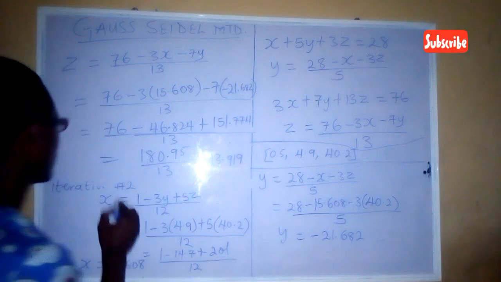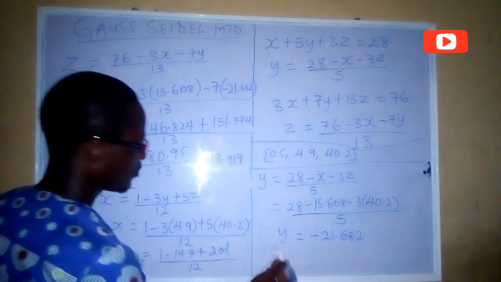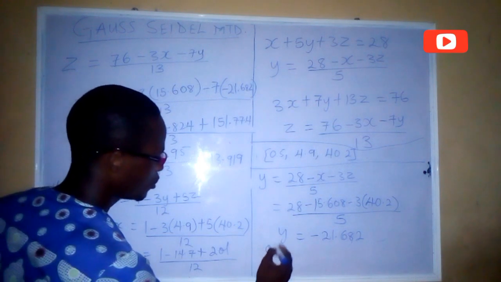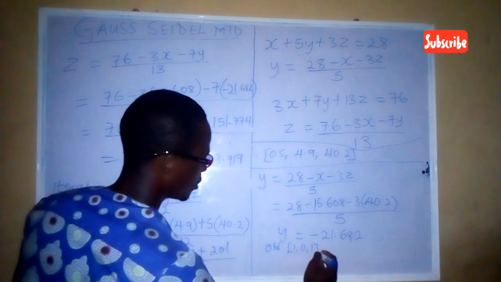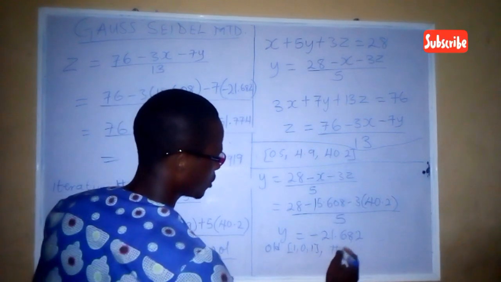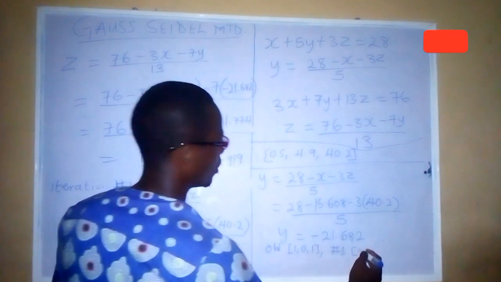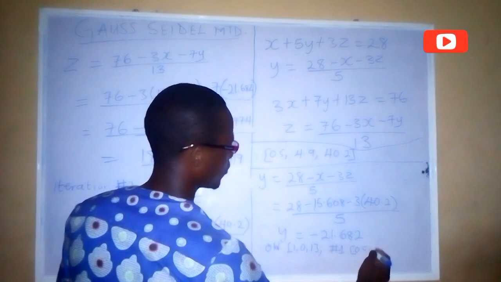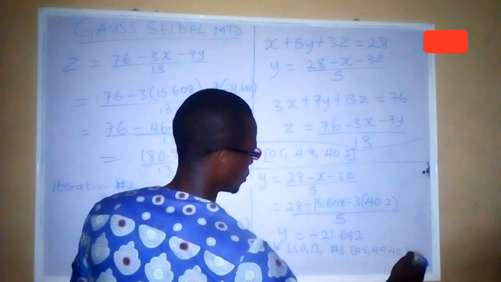So after the second iteration, we have the assumed value, the old value, to be 1, 0, 1. After the first iteration, we have the value to be 0.5, 4.9, and 40.2.